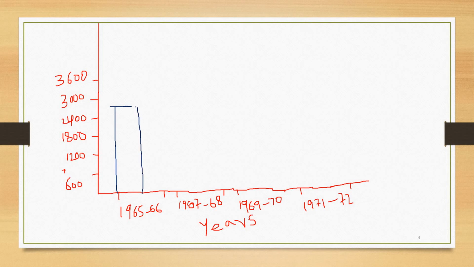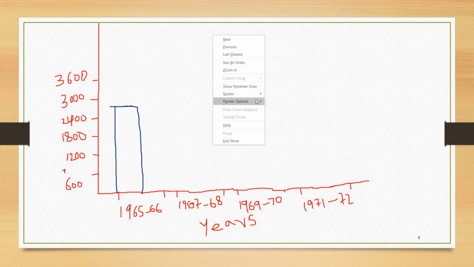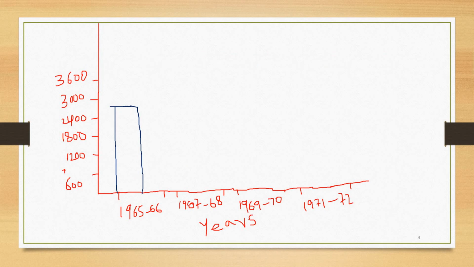This will be the bar for the area, and for production we use color black, will not be that much visible, differentiable. Let's have orange, and the value was 1588. It will be somehow here. Okay.